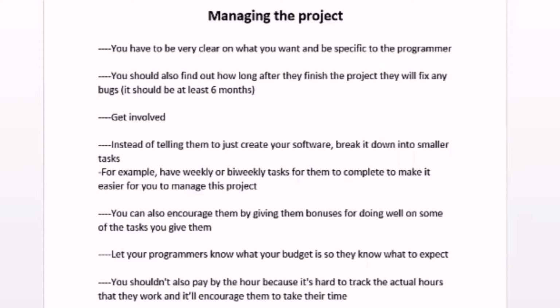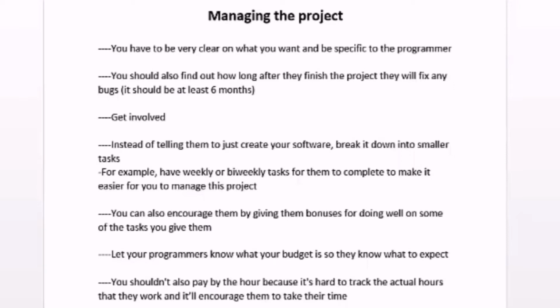Another thing you want to do when you're creating a software product is not to just outsource everything to the programmer and be hands off. You really have to get involved and get your hands dirty if you want this to be a successful software product. Instead of telling them to just create your software product, break it down into smaller tasks so it's easier to work on, and easier for you to monitor the progress.